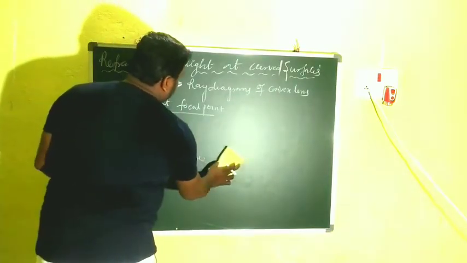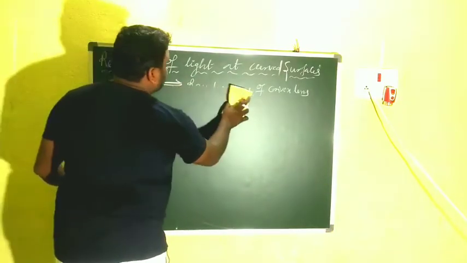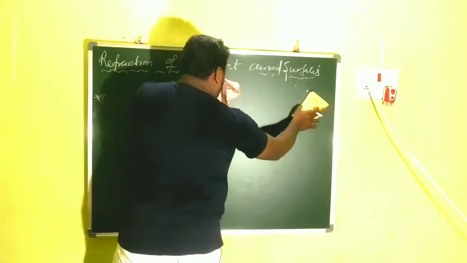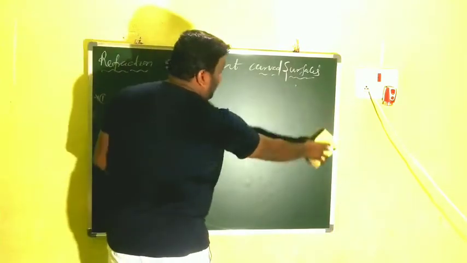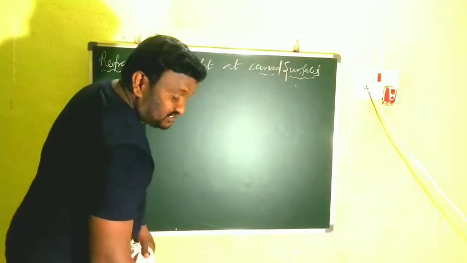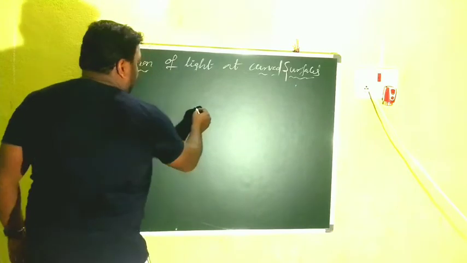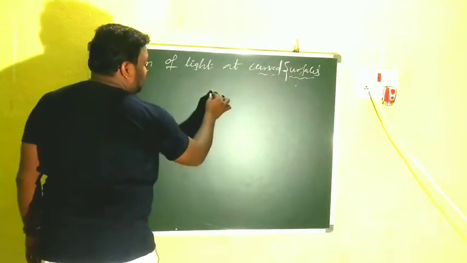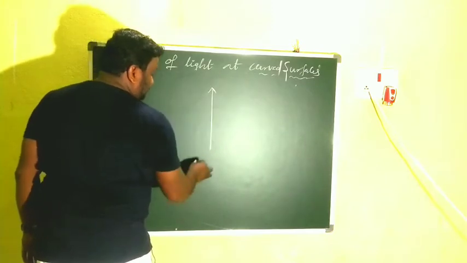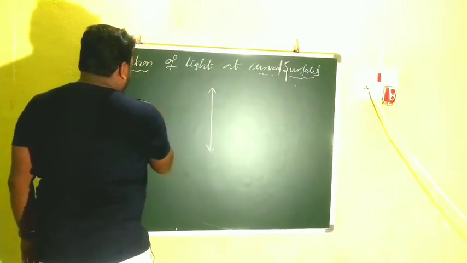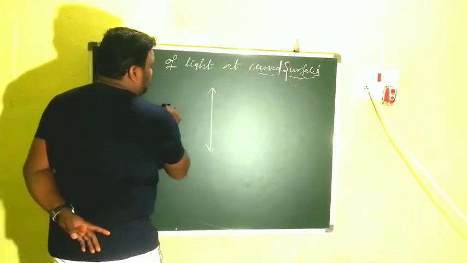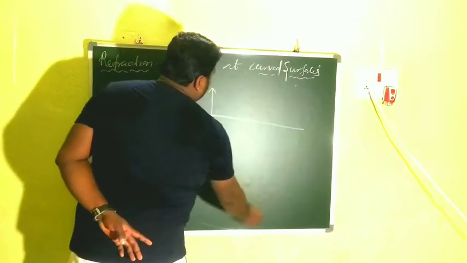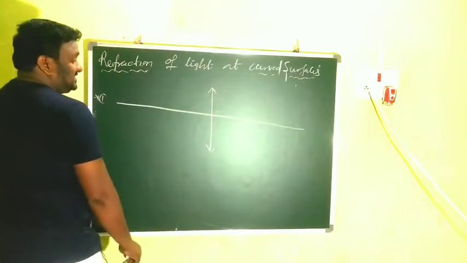The first thing I am going to explain is: object at focal point. So see children, this is the biconvex lens, we know that. Clear? Double-headed arrows always represent the biconvex lens, and this is the optic center.